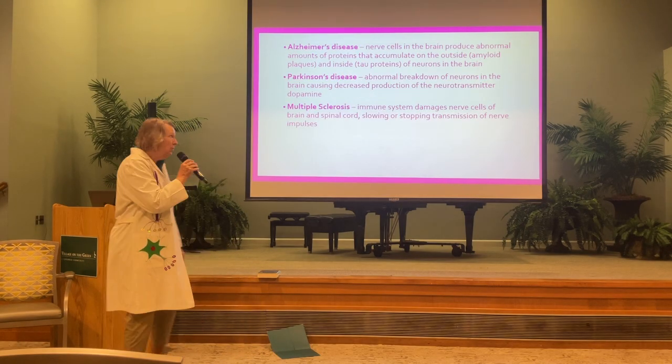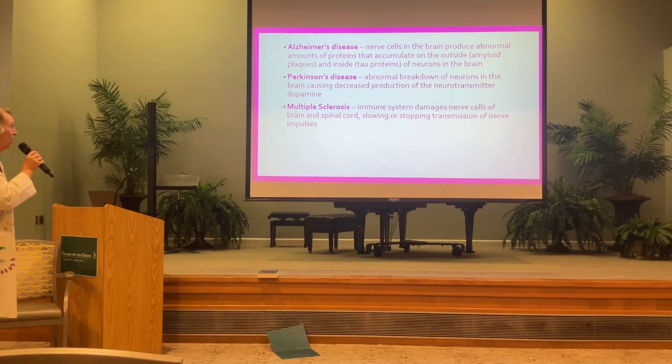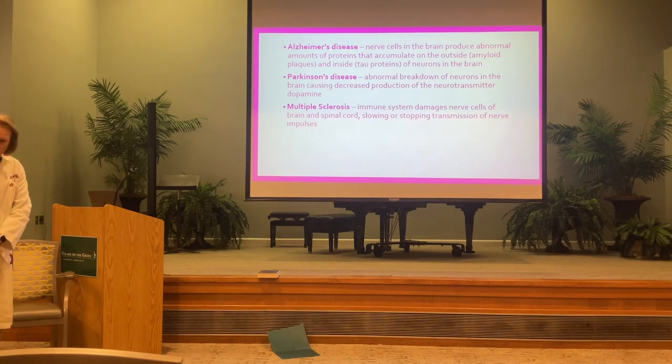Then here's a couple more. All three of these are related to nerve cells. Alzheimer's is when extra protein accumulates either on the outside of the neurons or on the inside of the neurons, and these are the neurons in the brain. Then Parkinson's is an abnormal breakdown of neurons that make the neurotransmitter dopamine.